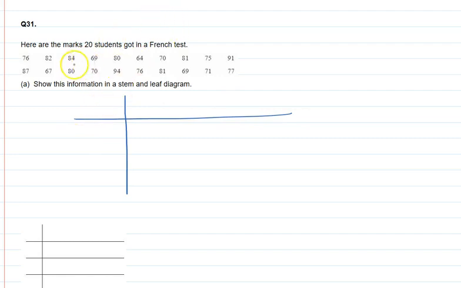So the first smallest number is 64. Write down 6 here and 4. The next number will be 67, then 69, and there is one more 69, so it will be another 9.